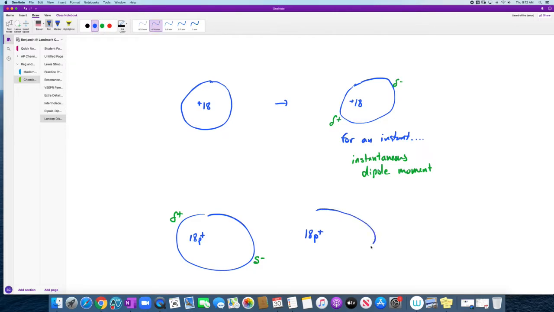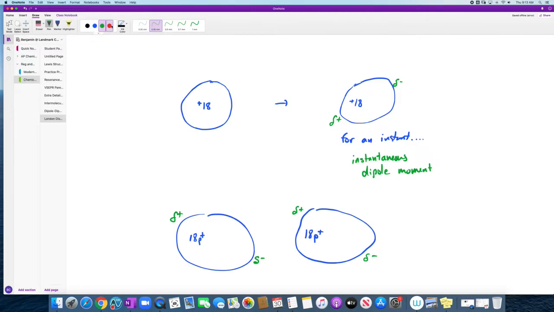So now they shift in a similar way. And we get that same type of instantaneous dipole moment in this atom. And that was a result of the first instantaneous dipole moment. This negative charge here repelled these electrons.